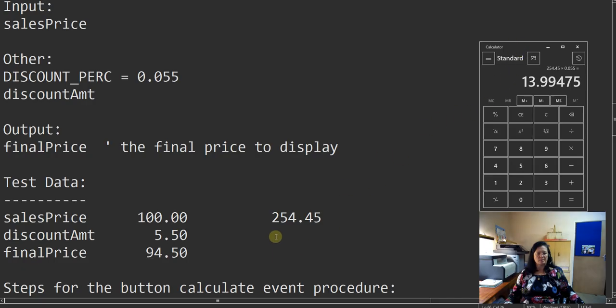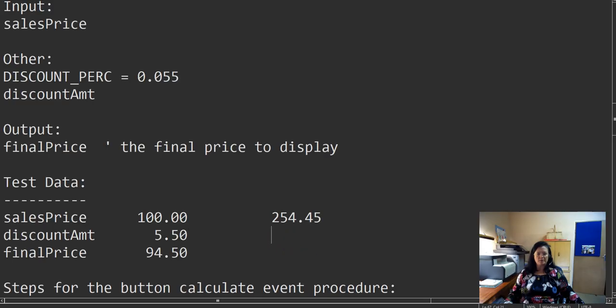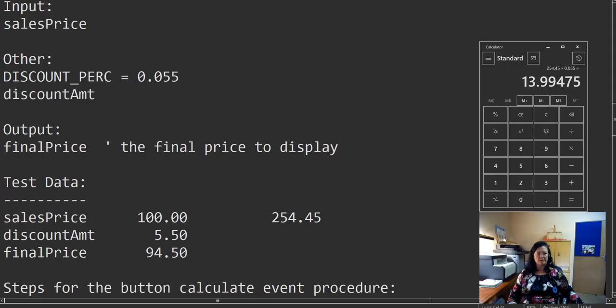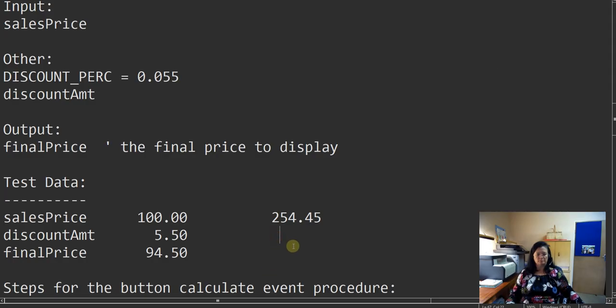Computers won't round the value for us. I'm just for now going to write it, apologies, 13.994, just like that for now.